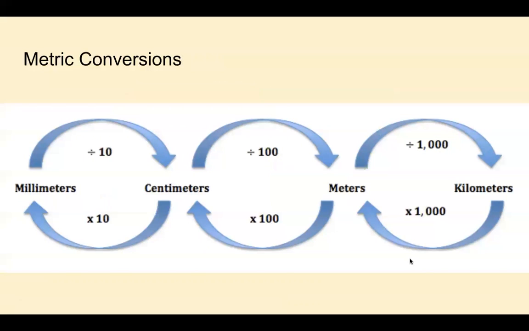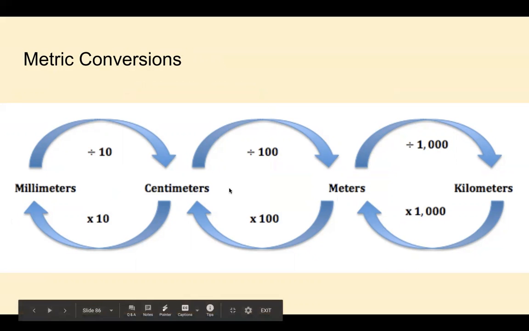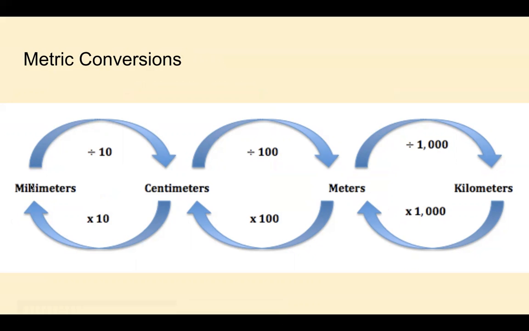This year, we have to convert between millimeters, centimeters, meters, and kilometers. So we use this flow chart. If I were going from millimeters to meters, I start at millimeters. I would have to divide that number by 10 to get to my centimeters, and then divide that number by 100 to get to meters.